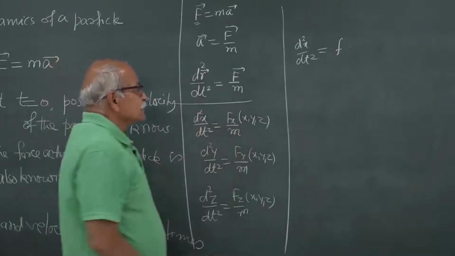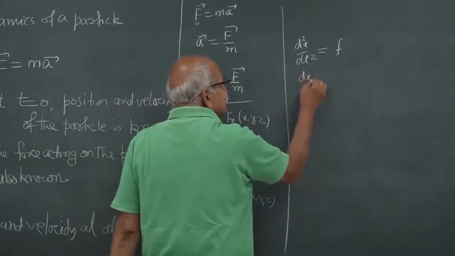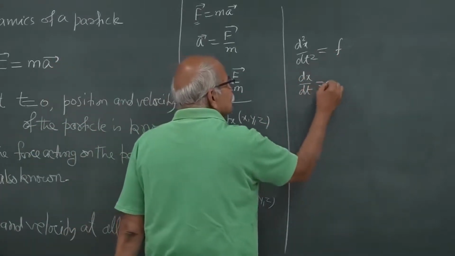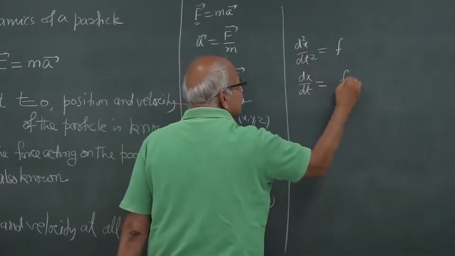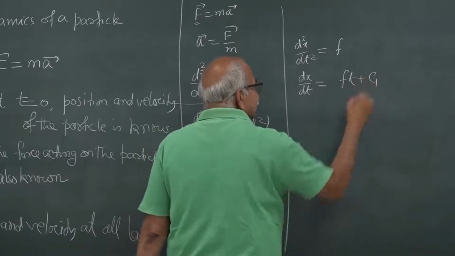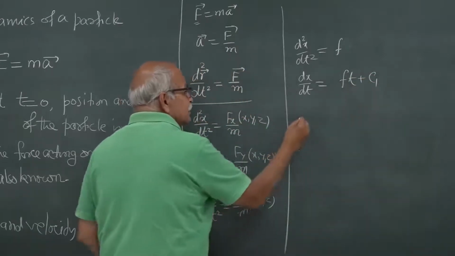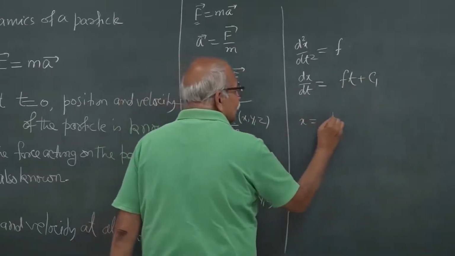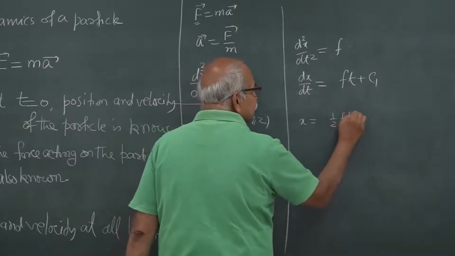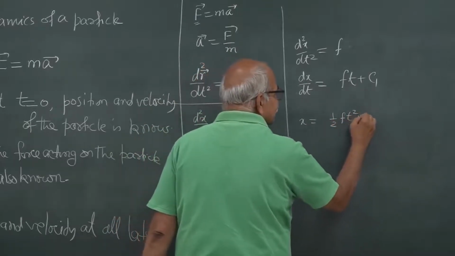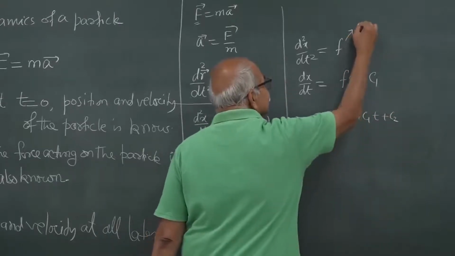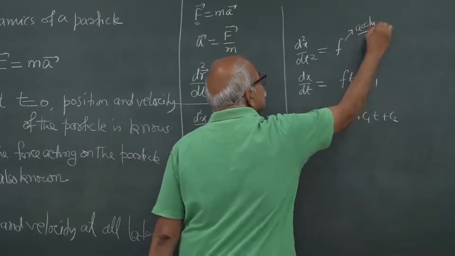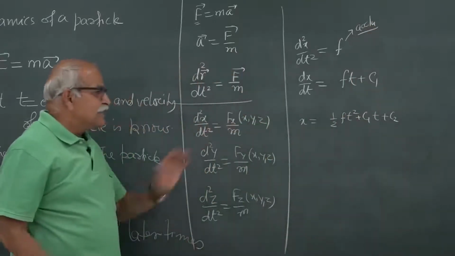And then you can always integrate it. dx/dt is equal to, this is one integration, F t plus some constant c1, and then integrating again, x is equal to half F t squared plus c1 t plus c2, and this is the acceleration which is constant, which is known because it is F divided by m.